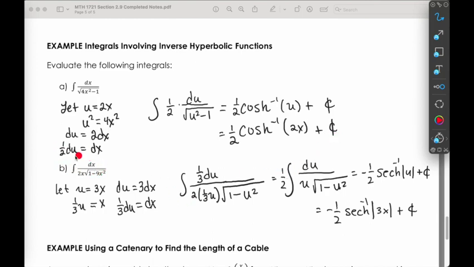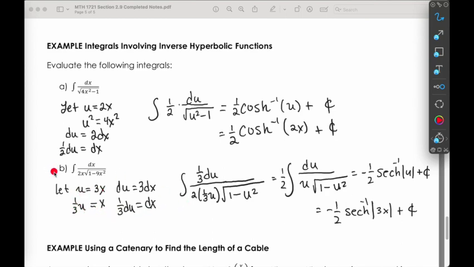Now this next one here is a little bit tricky. I had to do a little bit of finagling to get this to work. So I tried a couple things, but this is what ended up working. So I let u be 3x. That means du is equal to 3 dx, which means x, if I divide both sides by 3, is 1/3 u.